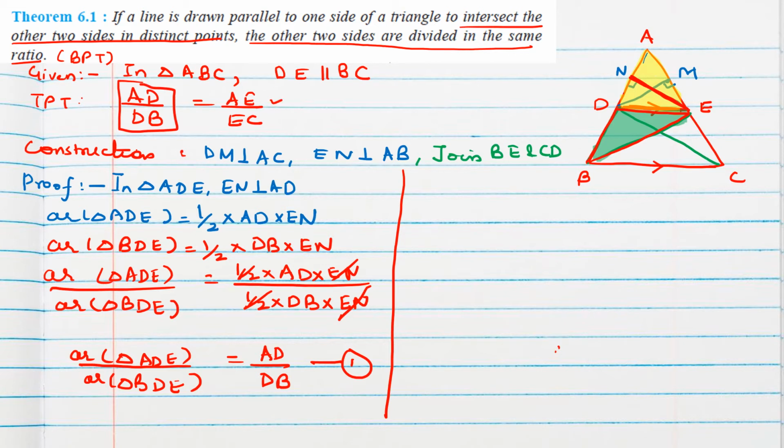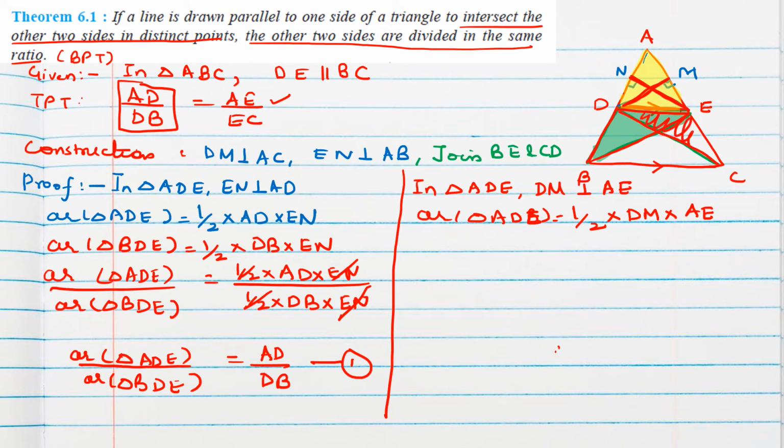Now we have to get the right hand side ratio. For that, again we will consider triangle ADE, but this time DM as the perpendicular. So DM is perpendicular to AE. What will be the area of triangle ADE now in terms of height and base? Height is DM and base is AE. Then we have to consider the triangle DEC, which is again an obtuse angle triangle, and for that the height is DM, base is EC.